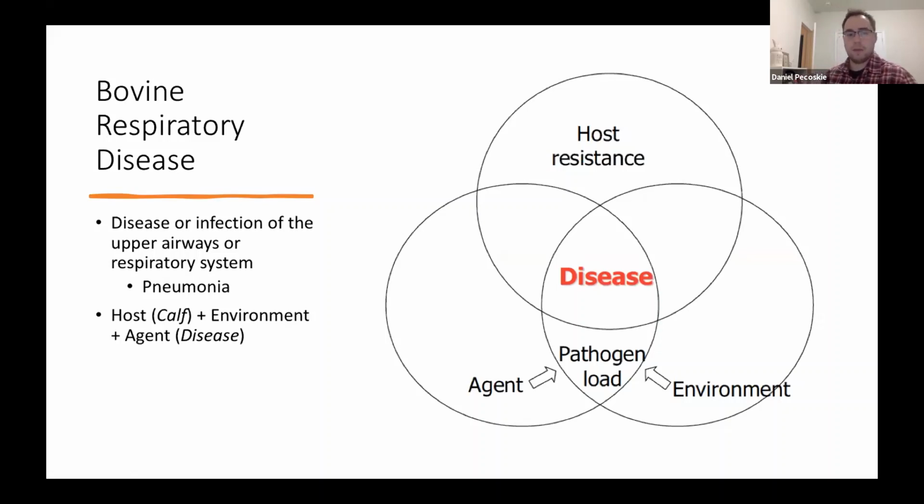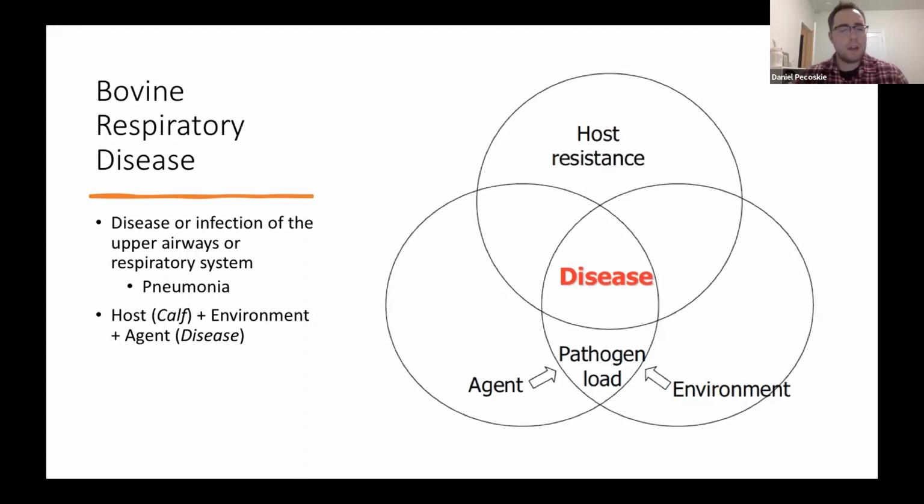So oftentimes, the calf, the environment that the calf is in, and the virus or bacteria that tends to be causing disease. Looking at this Venn diagram on the side, we see disease is that interaction between calf, agent, and environment. Our goals here are to see in those three overlapping circles what we can do to intervene and promote health in our calves.